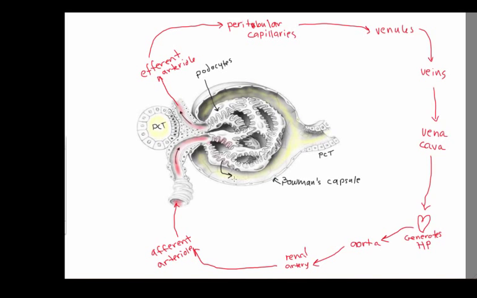And typically, the pressure of squeezing out is about 55 millimeters of mercury of hydrostatic pressure. And this filtration apparatus, formed by the slits between the podocytes, the junctions between the endothelial cells of the capillaries, and also a meshwork called the basal lamina of proteins and carbohydrates, forms a molecular sieve.